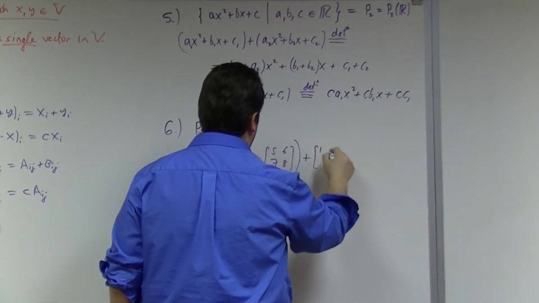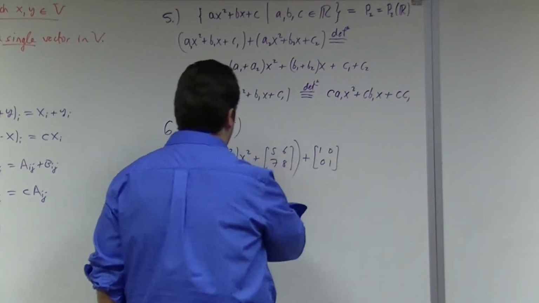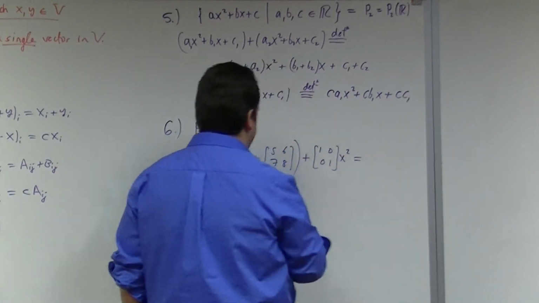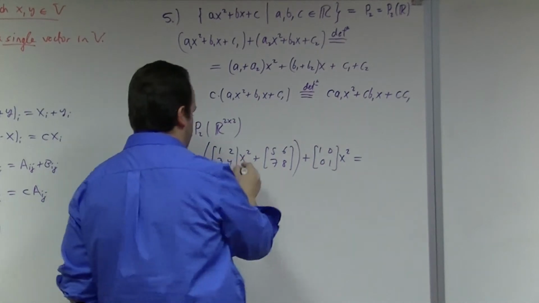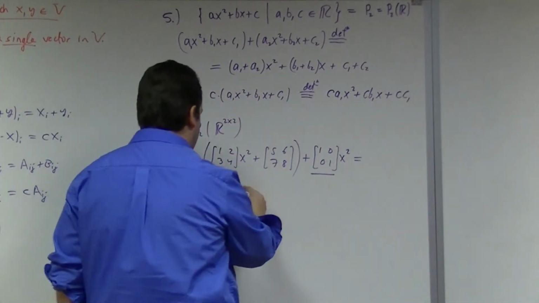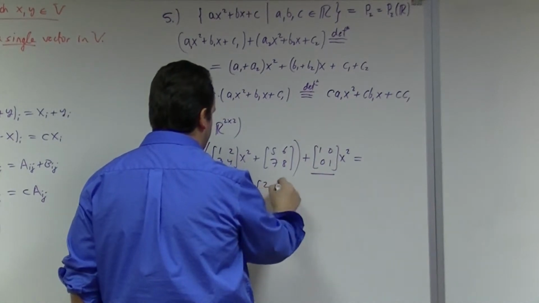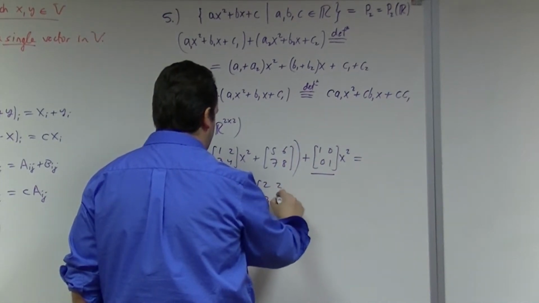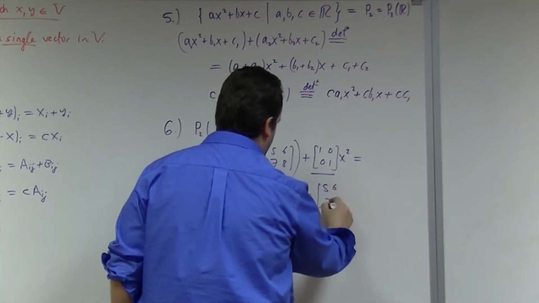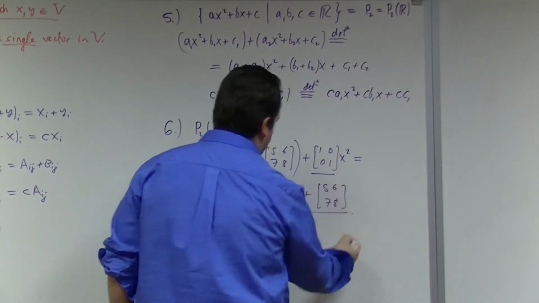How about 1, 0, 0, 1? Just to keep it simple, I'll put an x squared here. So what you do is you just add this to that, keep the x squared, right? 2, 2, 3, 5, x squared plus 5, 6, 7, 8. There you go. That would be an example.